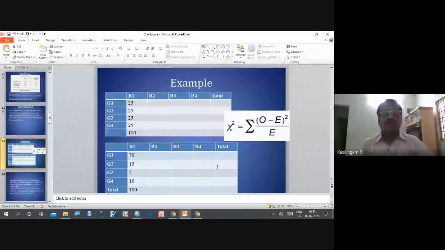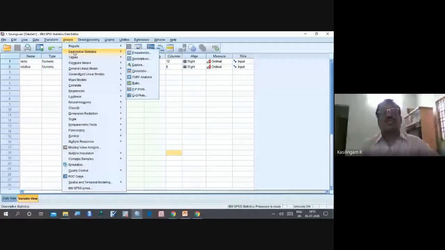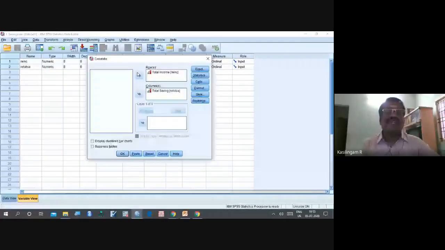Observed means how to get observed and expected. Let me go here. Okay, let me go again. Please listen. Okay. Analyze, descriptive statistics. First, I will put observed alone. If you put the cross tabulation, then automatically you need not click anything. You will get this, okay, so that was already clicked, that is why both results are coming.